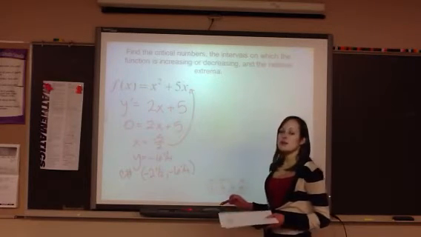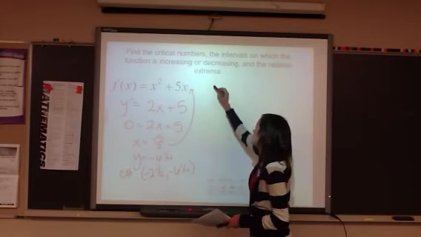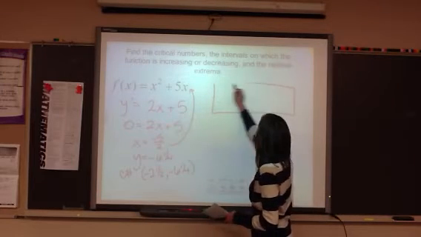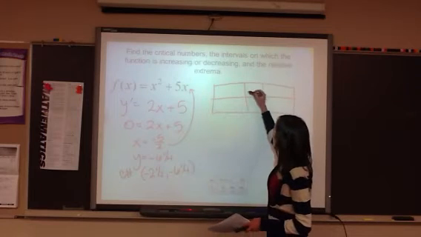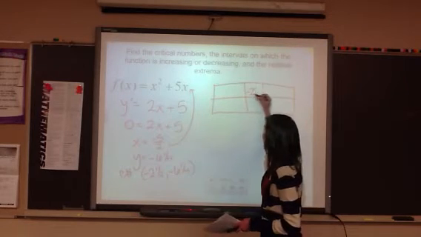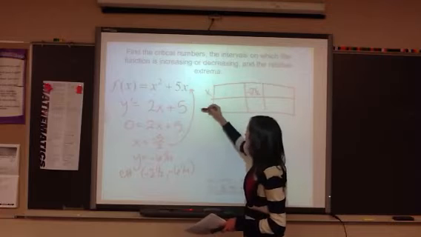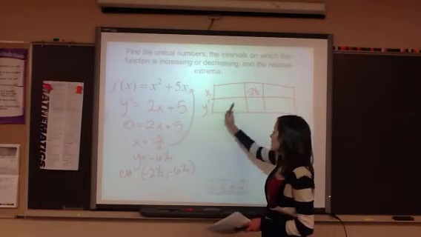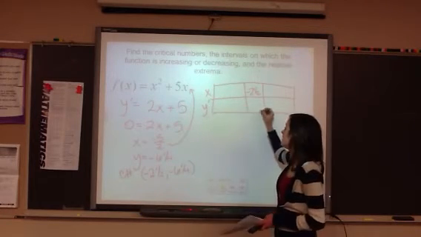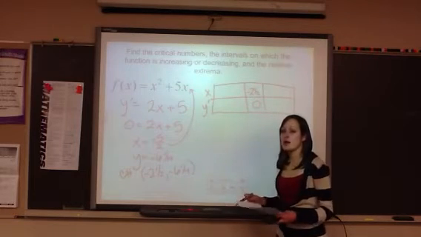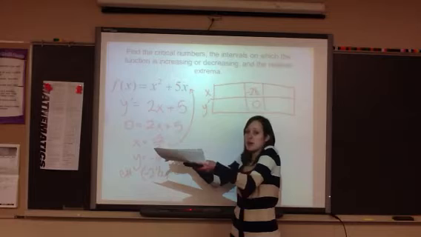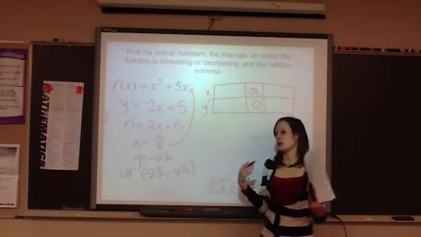So to figure out if our graph is increasing or decreasing, we're going to do a chart. And in that chart, we're going to put our critical number of -2 and a half as our x value. We know that our slope, or our first derivative, is equal to 0 at that point. We want to know what happens before -2 and a half and after -2 and a half.